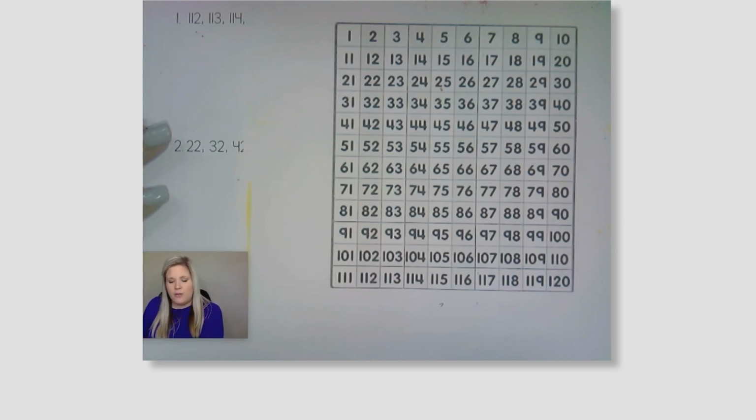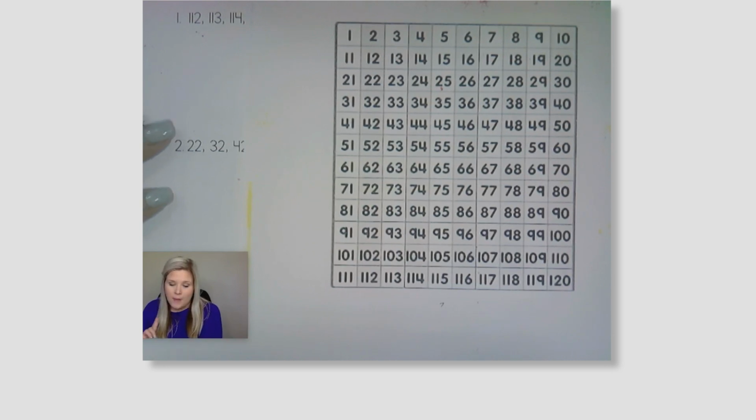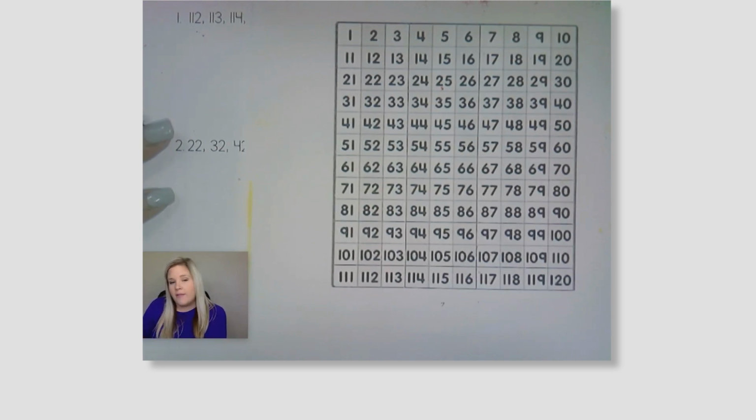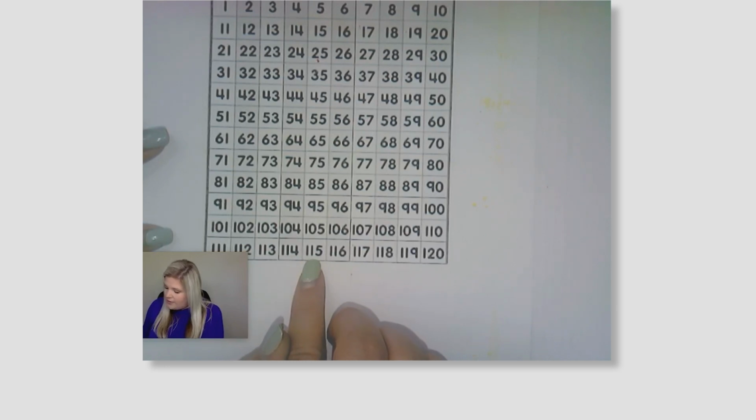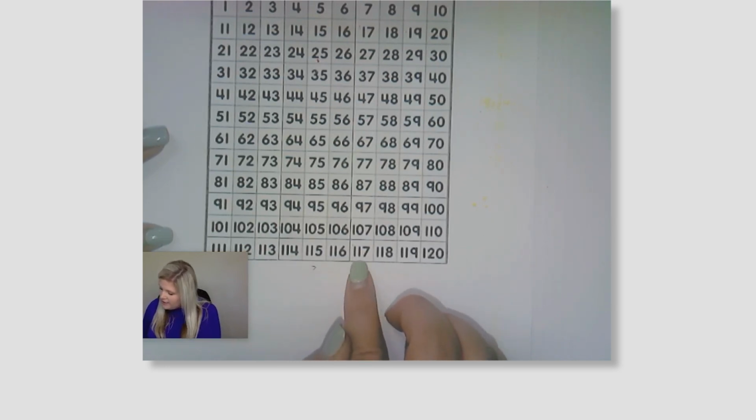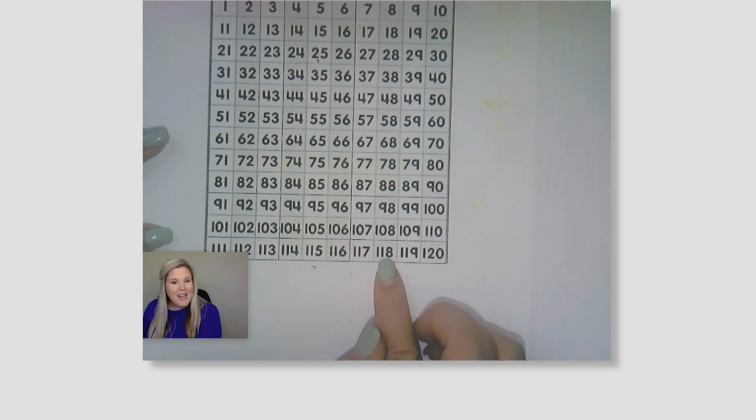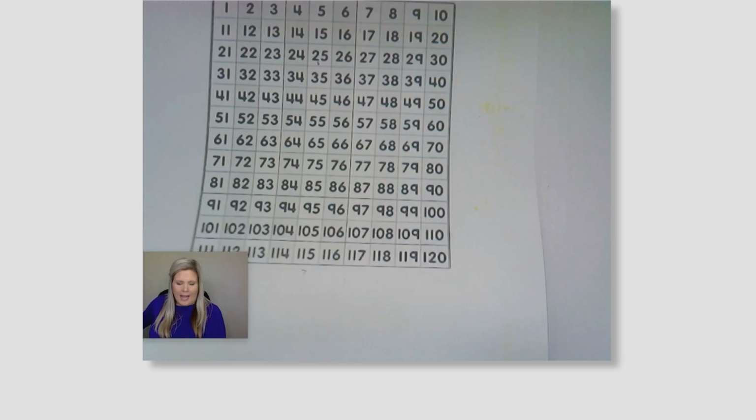Can you help me use my counting by ones pattern to find the next 5 numbers? I knew you would. Let's do it. 115, 116, 117, 118, 119. Great job. Now I know the answer to my problem and I will fill in the pattern.